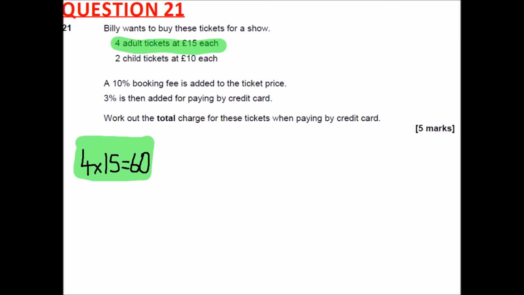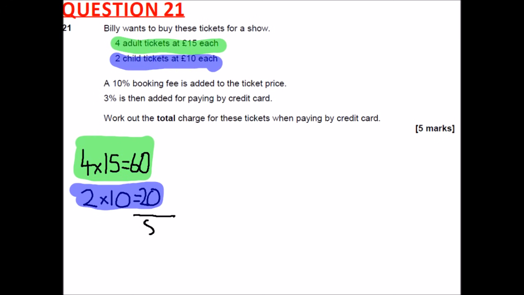He's also going to buy 2 child tickets, which are £10 each. So 2 times 10 is going to be £20 for the child tickets. So the total he's going to pay for the child tickets plus the adult tickets is £60 plus 20, which is 80.